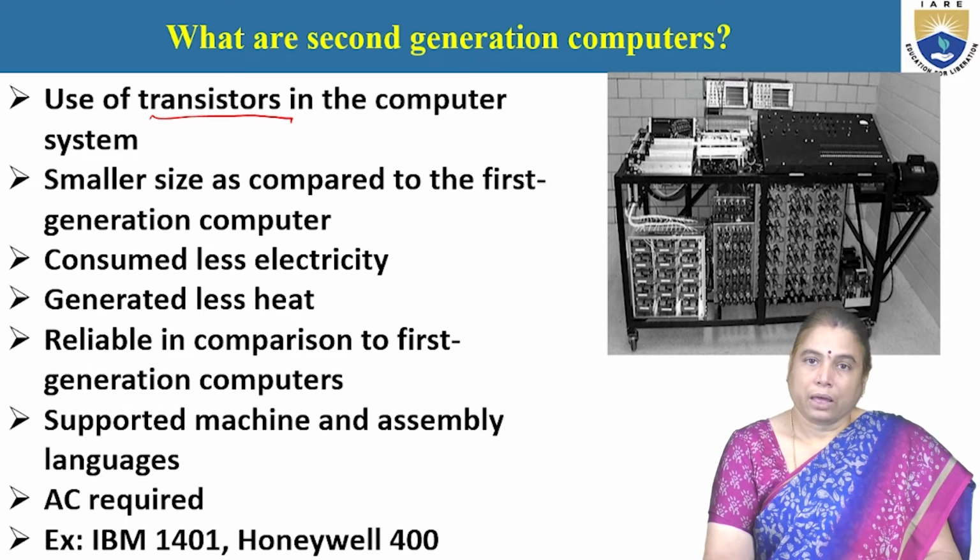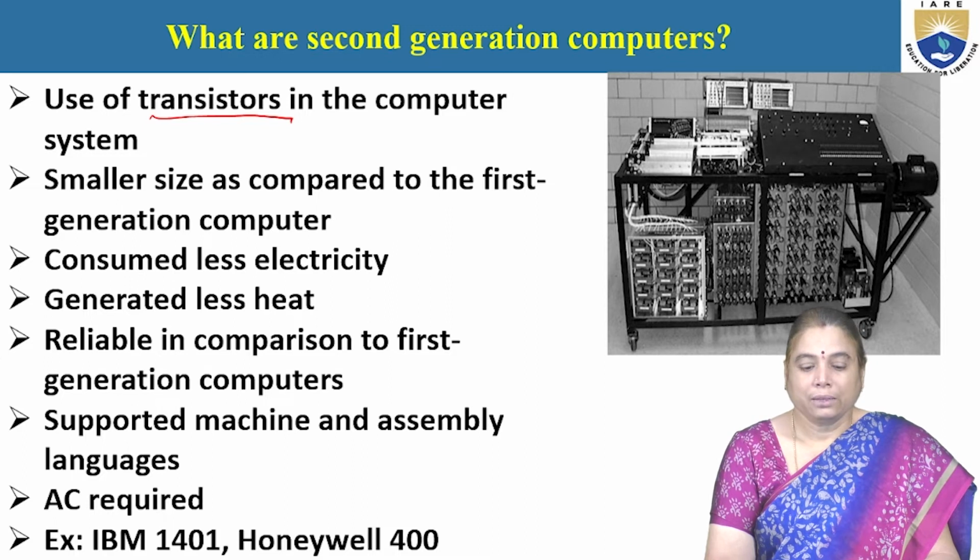These transistors are smaller in size when compared to the first generation computers. First generation computers use vacuum tubes, that's why the size is very large. But it is greatly reduced with the transistors in second generation computers. Because of the reduced size, they consumed less electricity, generated less heat, and are more reliable when compared to the first generation computers.